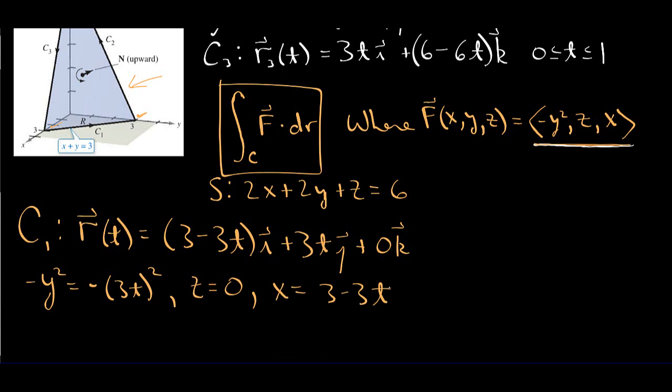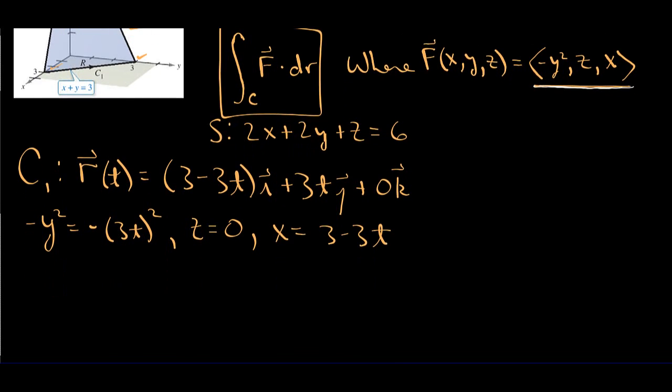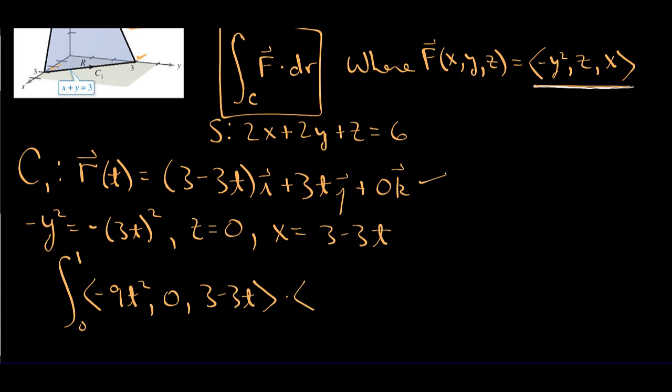Okay, 3 minus 3t. So now we're ready to write our integral, 0 to 1. And I've got negative 9t squared, comma 0, comma 3 minus 3t. And I'm going to dot that with the derivative of that. So let's see here. The first part is negative 3.